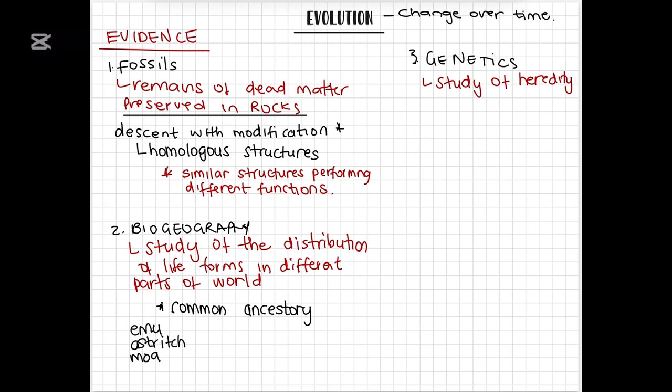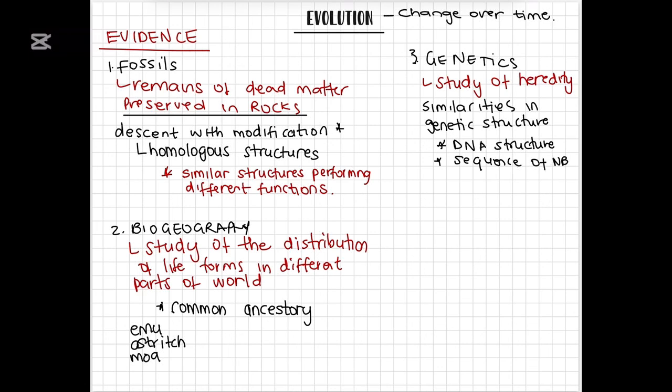Scientists, in this case, when they study evolution, they are proving that these organisms share common ancestry. Genetics, on the other hand, helps us see the similarities from a genetic point of view, like the structure of the DNA, sequences of nitrogenous bases, as well as mitochondrial DNA, which helps us to understand mutations.